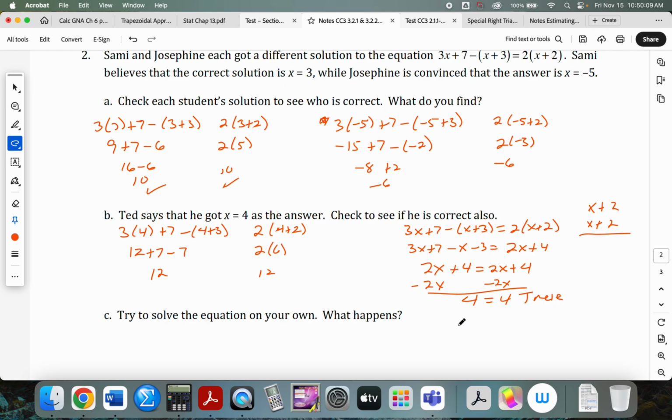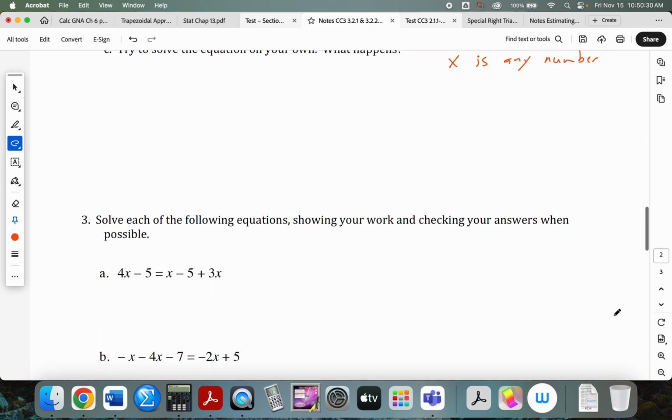So what does that mean? X is any number, not 0, any number. If you subtract the 4 from both sides, you get 0 equals 0, but it's still true, right? If you get something that's always true, then it can be any number.